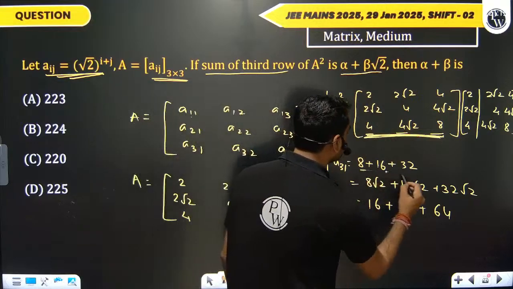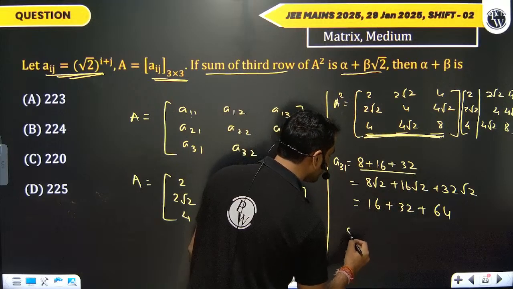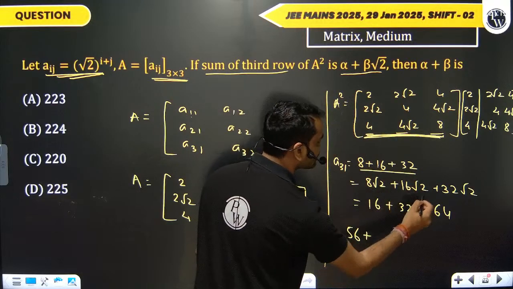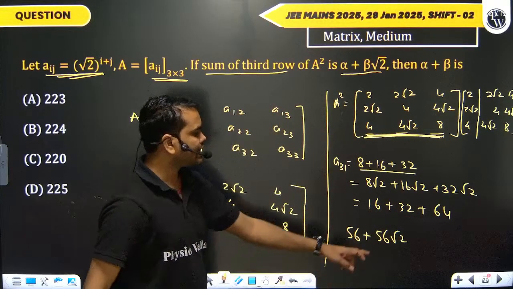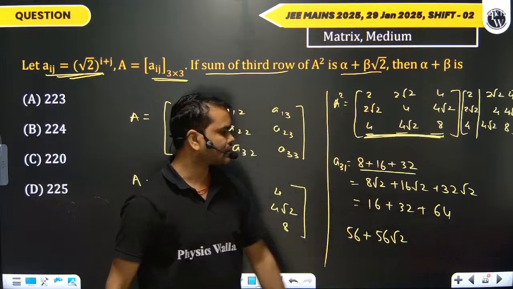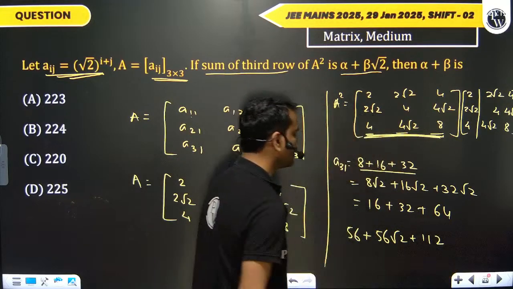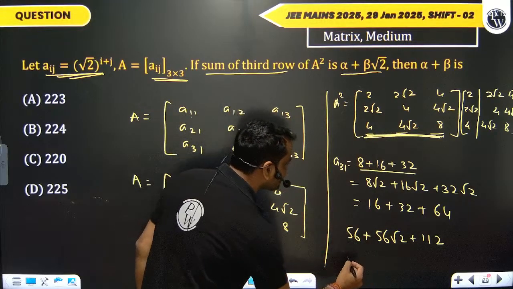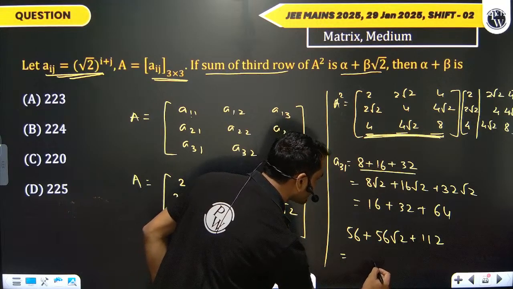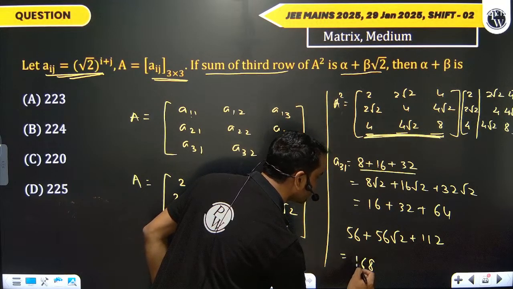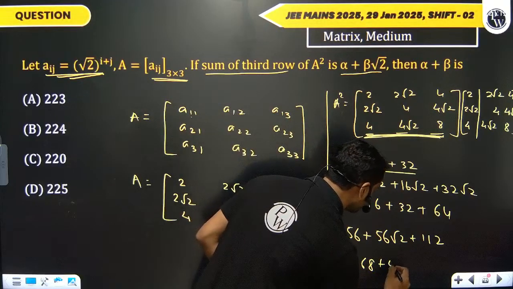So when you add this, 16 plus 8, 24, 24 plus 32, 56 will come, 56 root 2 will come, and here 48 plus 64, it is going to come 112. Again 112 plus 56, 112 plus 56, how much is it going to come? It is going to come 168 plus 56 root 2.